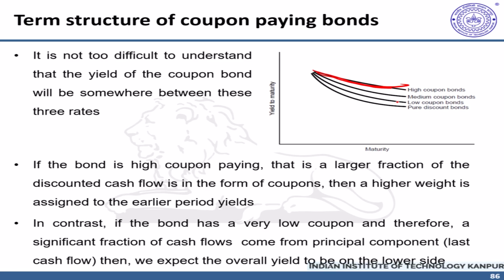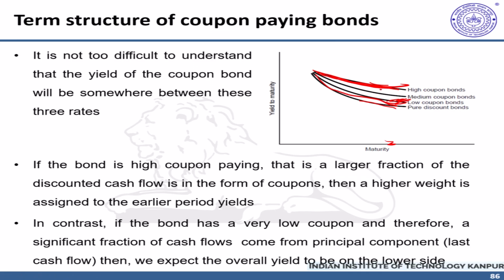Contrast this to a low coupon bond, which is closer to the pure discount bond because a larger fraction of cash flows appears later in time, and these cash flows are discounted at lower rates. So as compared to higher coupon paying bonds, its term structure would be lower, because a larger fraction of cash flows is discounted at lower interest rates.